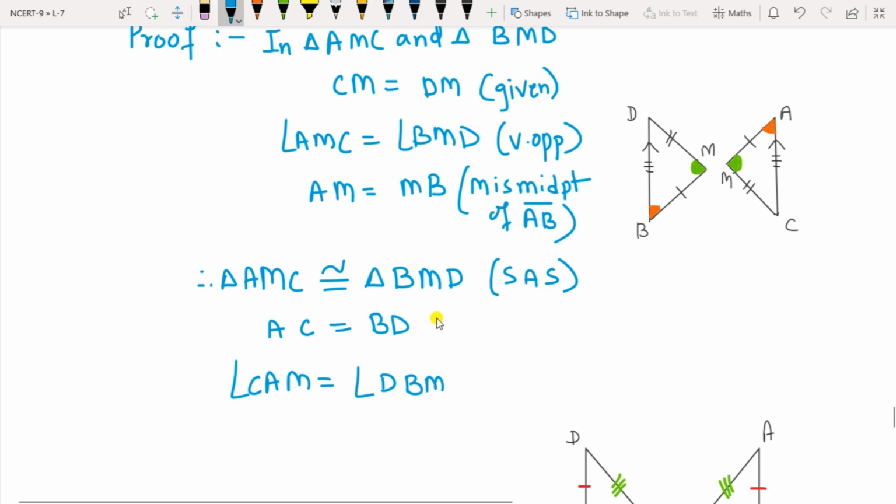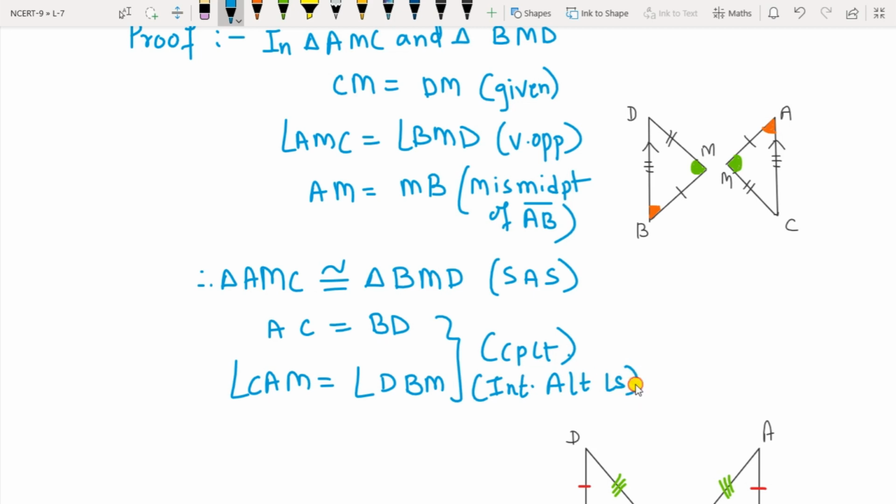So this angle CAM is equal to here DBM, shown in orange. That also becomes equal. Now why equal? One more reason is, besides CPCT, it also becomes interior alternate angles, since AC is parallel to BD. Therefore, it is equal.